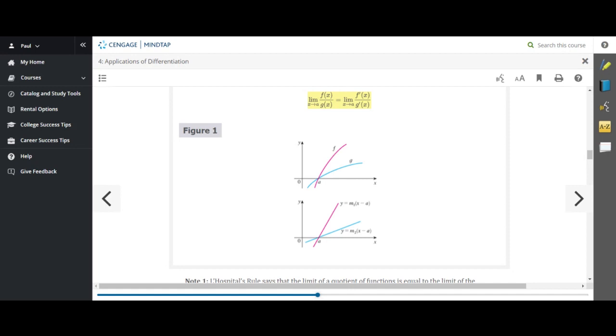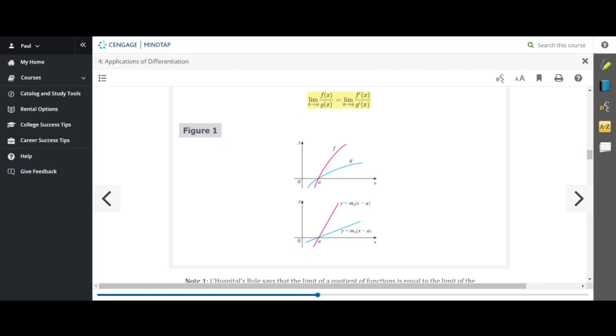The functions f and g, if you zoom in very close to a, and think about tangent lines to functions f and g at x equals a. Those tangent lines are going to have those equations that you see there in the second picture. The derivative of your function f at x equals a is a slope, so that's slope m1.